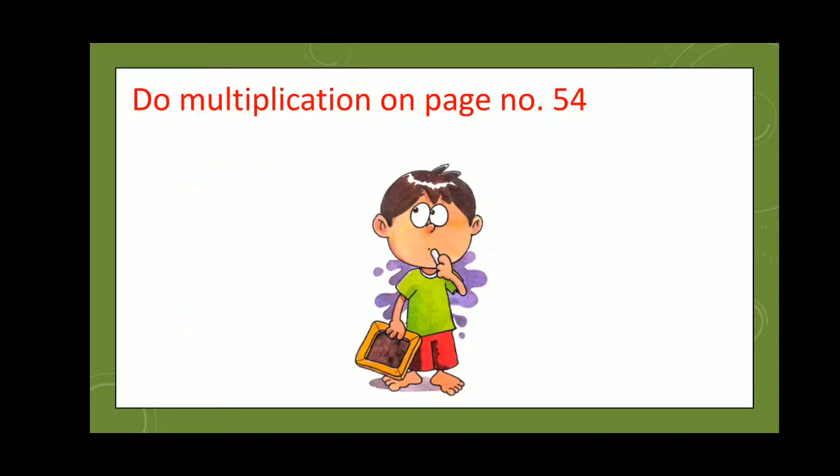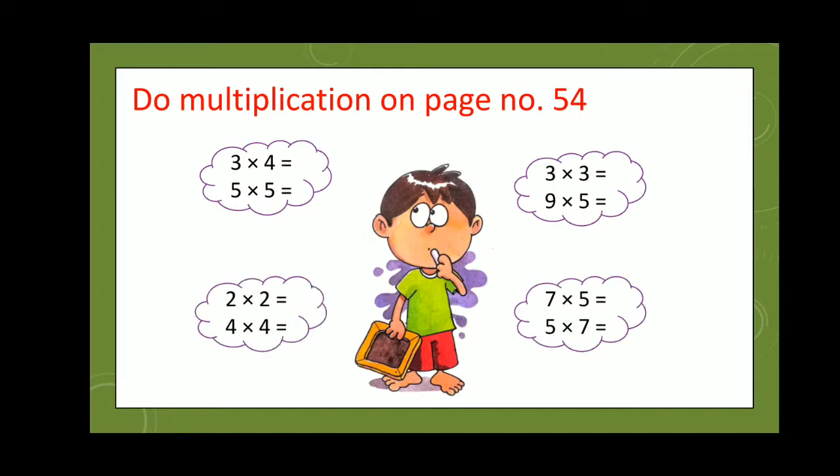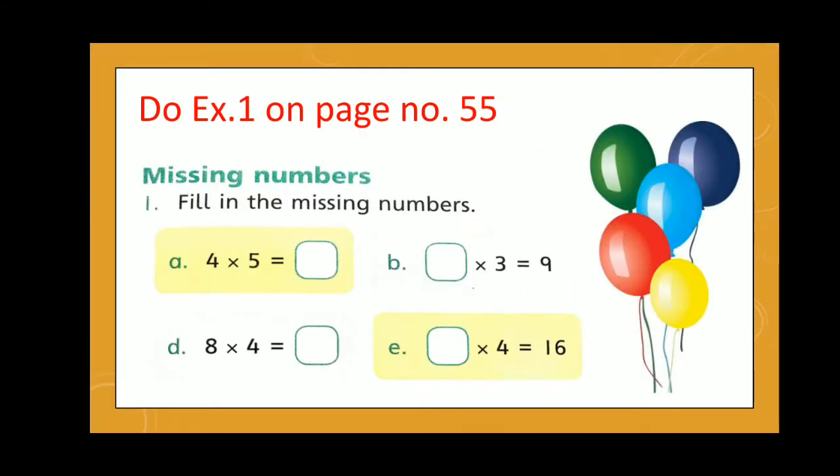Now open page number 54 and complete all the sums in your book. Let's turn to page number 55 and do exercise 1. Fill in the missing number. Now read the table of 4: 5 times. So 4 multiplied by 5 is equal to 20.